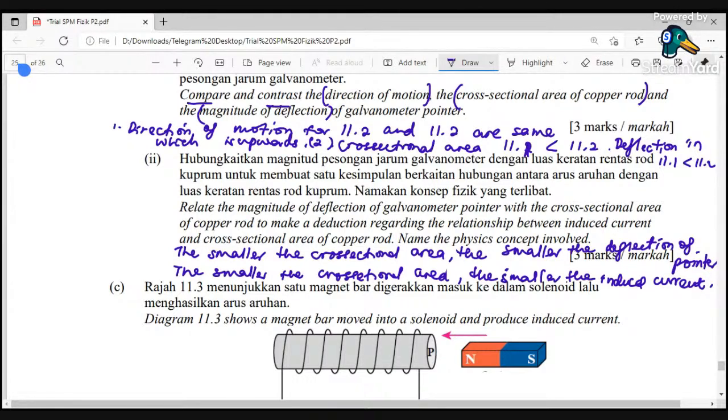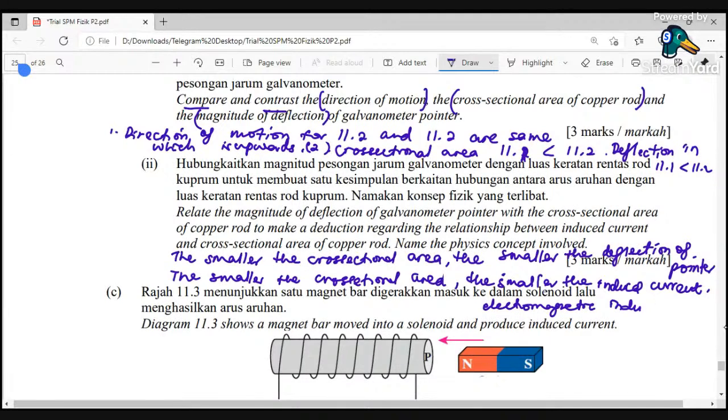Okay, atau sebaliknya pun boleh lah. The greater the cross-sectional area, the greater the induced current. So, bila kat sini mata dia. Name the physics concept. Kena tambah lagi ya. Electromagnetic induction. Tiga mata sini. Tulis saja konsep.